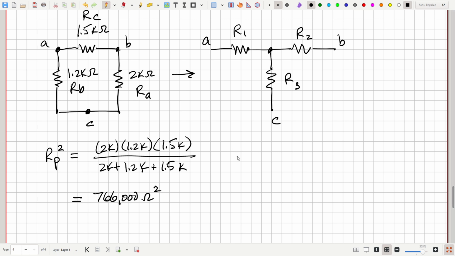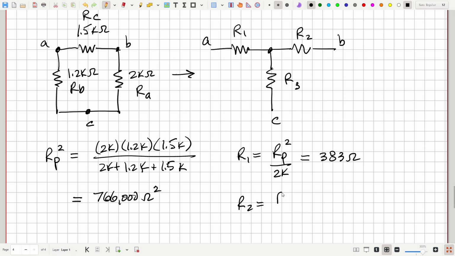Then R1 is Rp squared over Ra. What is Ra? It's 2K. Punch those numbers. This divided by that, you get 383 ohms.